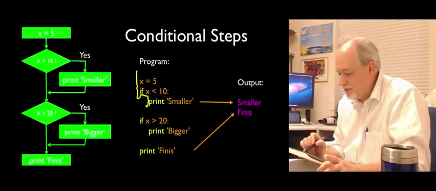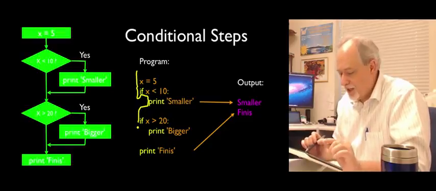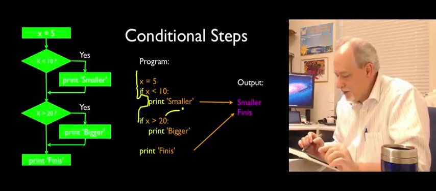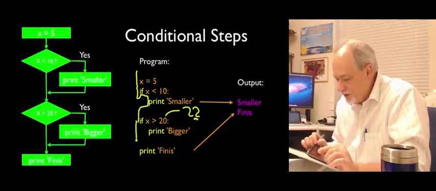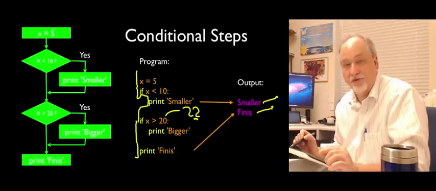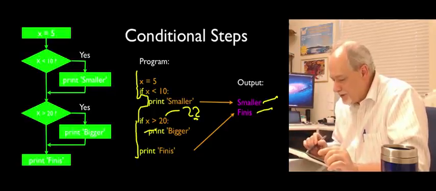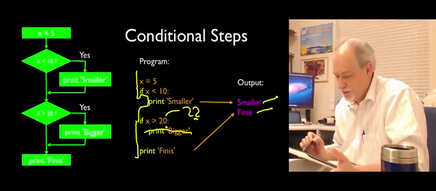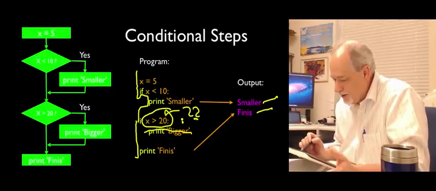So print smaller comes out, and then we come back out and say, okay, now I have another if statement, and then a block of indented code. If x is less than 20, that's the question. The answer to that is no, and so it does not run that line, and so it runs fini. So the printout of this program is smaller, followed by fini. What happens is this line never executes, because the answer to this question is false.